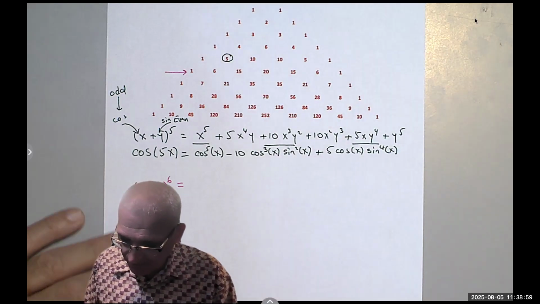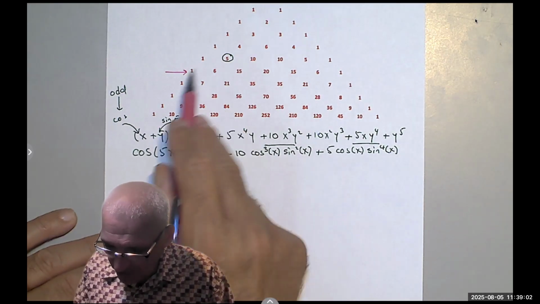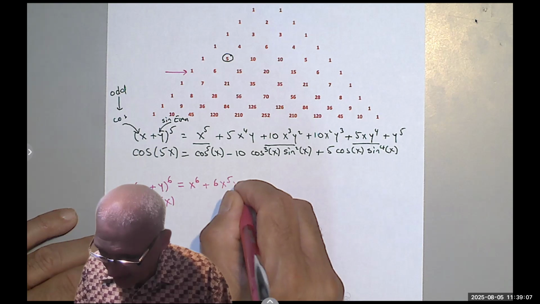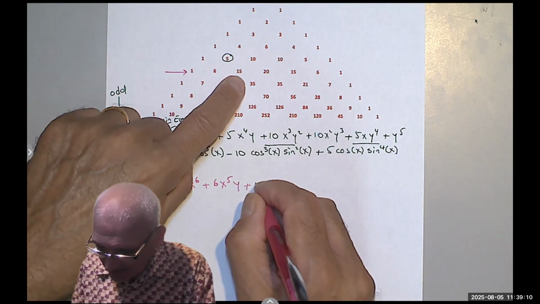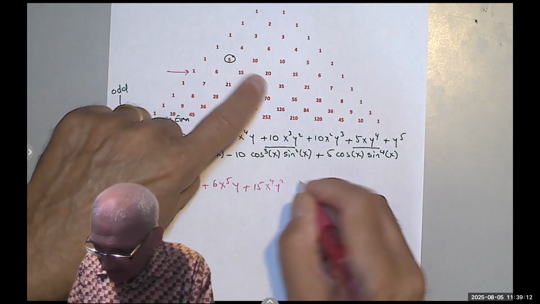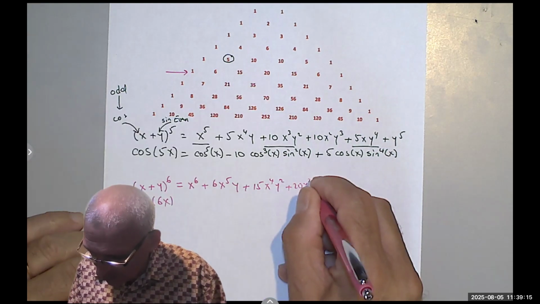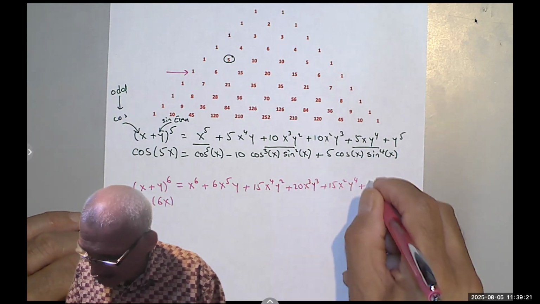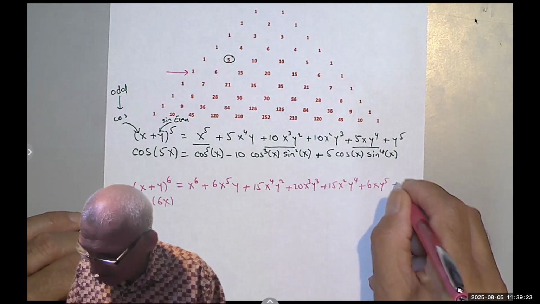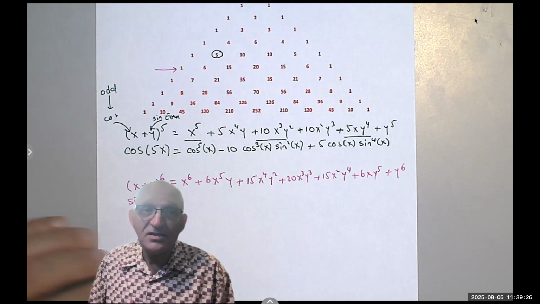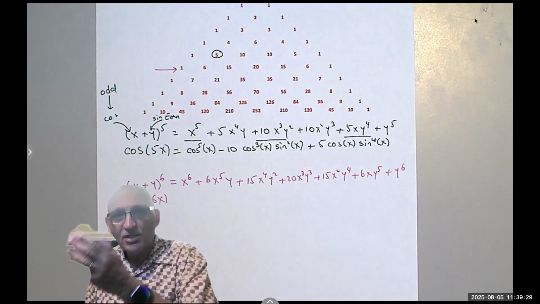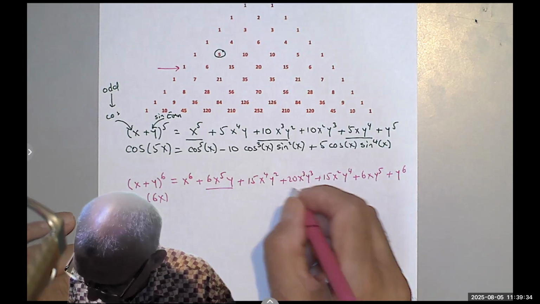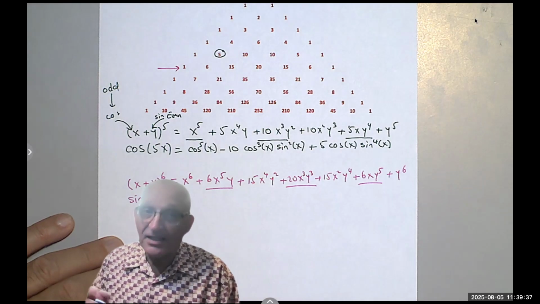And then you are going to write x to the sixth plus 6x to the fifth y plus 15x to the fourth y squared plus 20x cubed y cubed plus 15x squared y to the fourth plus 6xy to the fifth plus y to the sixth. And because I'm doing the sine, I go to the even, okay? Second, fourth, sixth. And I alternate the signs.